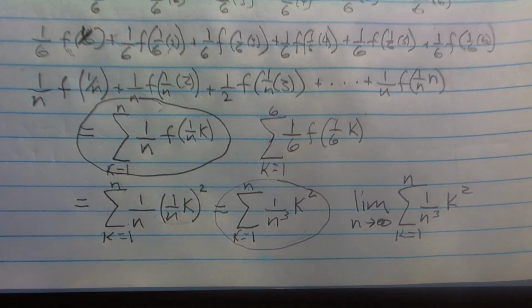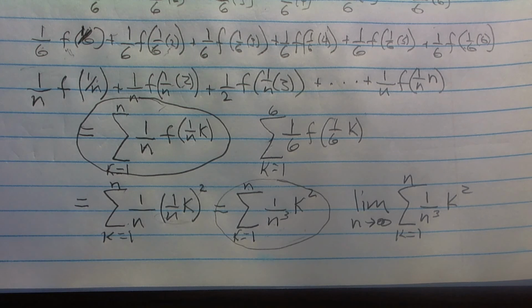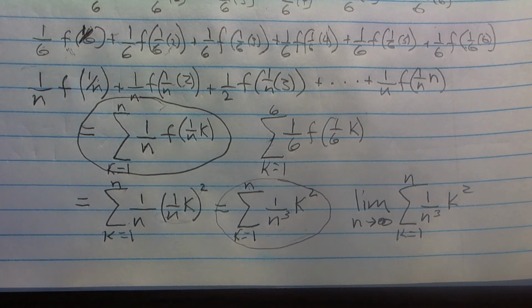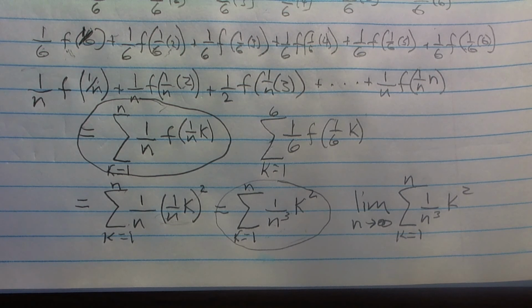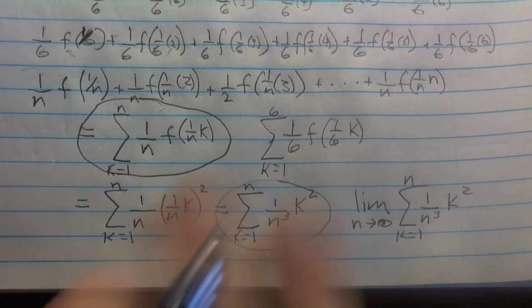Because I'm reasoning that if the error decreases the more rectangles I have, then if I let the number of rectangles go to infinity, the error should completely vanish, and I should get the exact value of the area under that curve. So let's see if we can evaluate this.